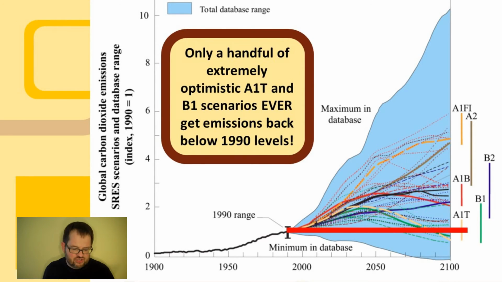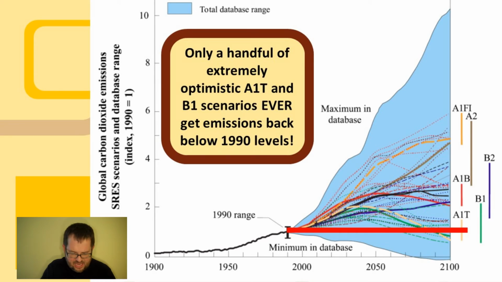If you look at all the individual scenarios, there are three dozen or so that the IPCC has studied. If I look closely, only a couple of the very most optimistic A1T and B1 scenarios ever get the emissions back to 1990 levels. Remember, A1T is the one in which we really invest in green technologies: wind, solar, nuclear, tide, and geothermal.